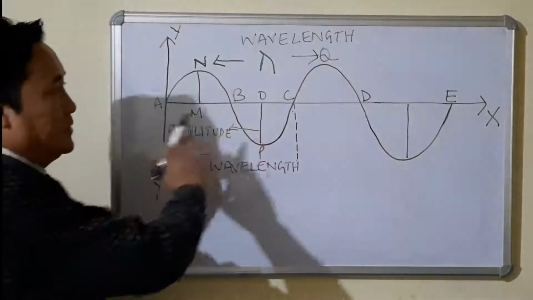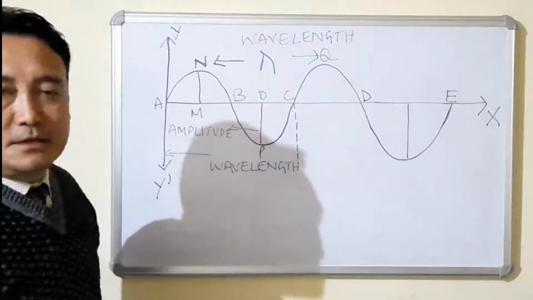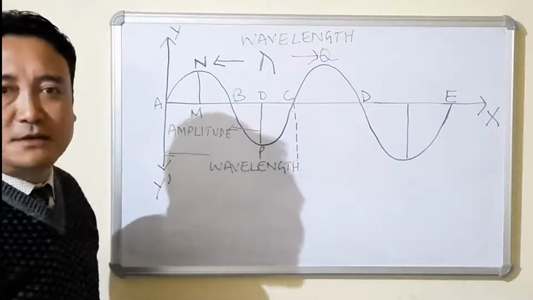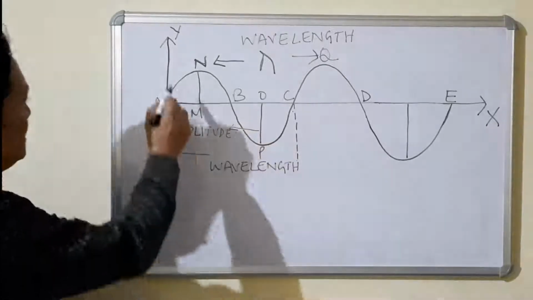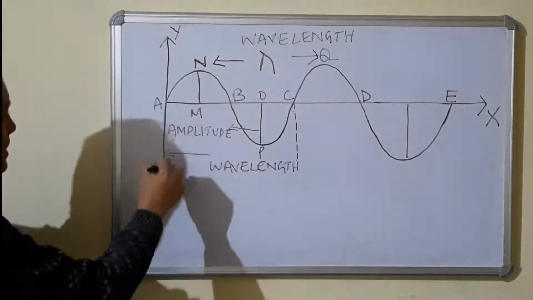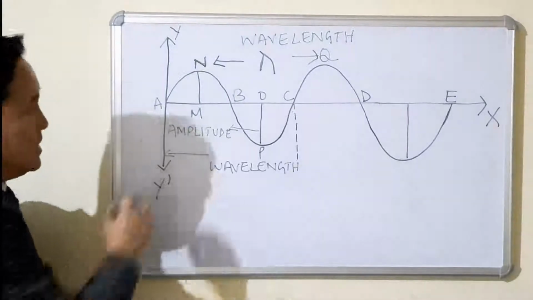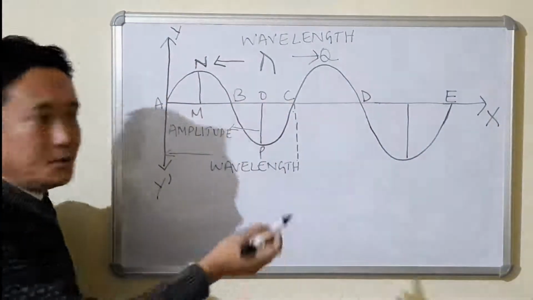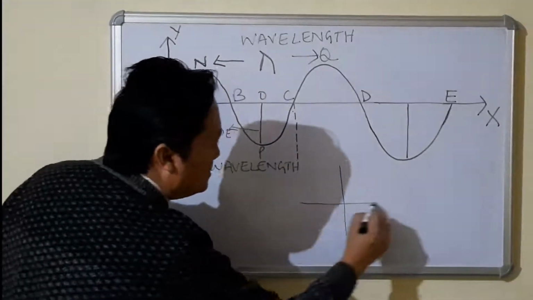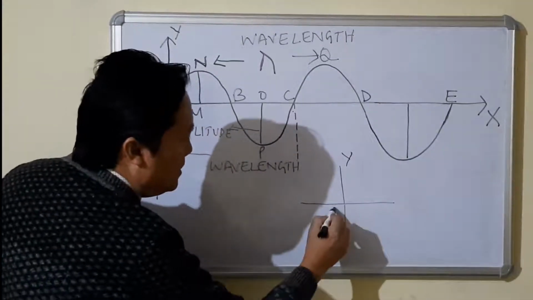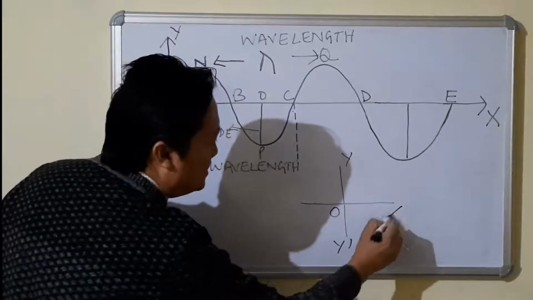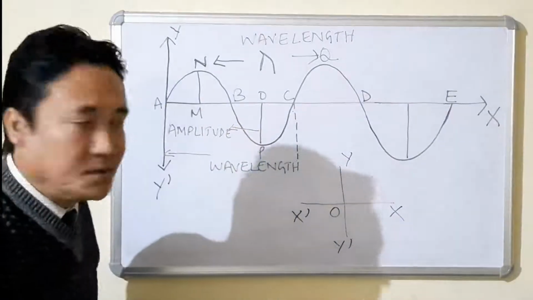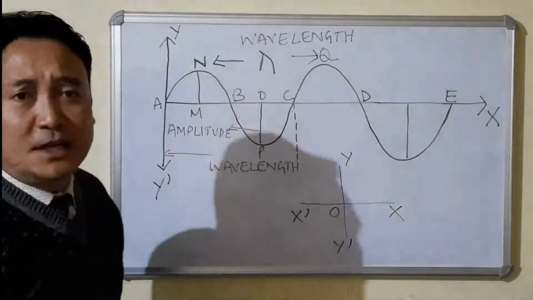Now this is the diagram of a sound wave, the graphical presentation of a sound wave. This vertical line represents the y-axis and this horizontal line represents the x-axis. If I draw a line like this, this is Y, O, Y dash, and this is X, O, X dash. So the horizontal line is the x-axis and the vertical line is the y-axis.